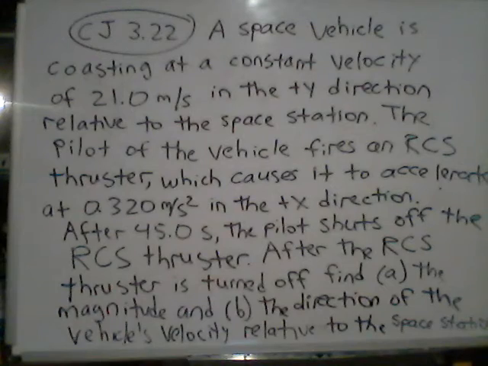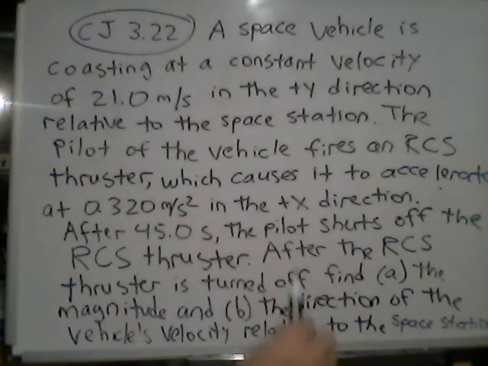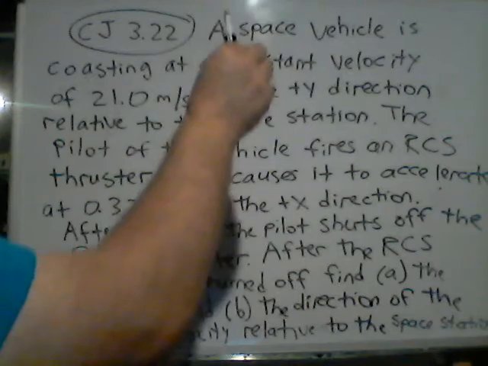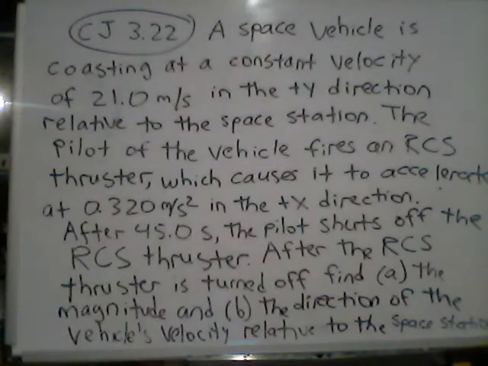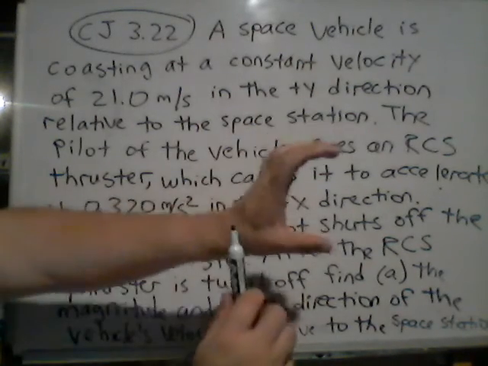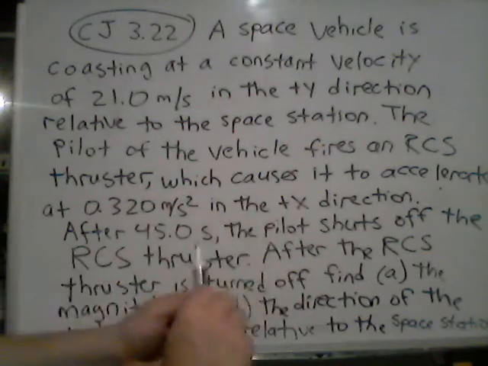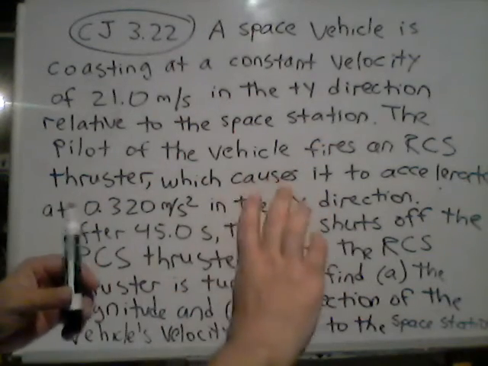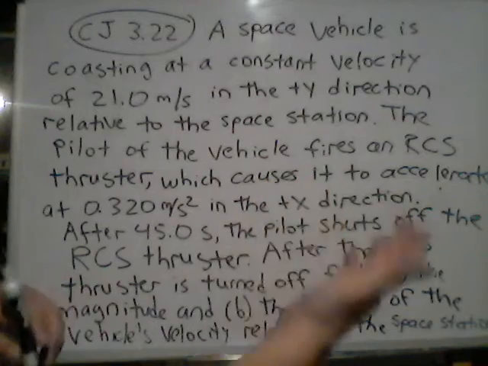So again, it says a space vehicle is coasting at a constant velocity of 21 meters per second in a y direction. Okay, so it's initially going in a y direction at 21 meters per second and just coasting, relative to the space station. We're talking about a space vehicle, and everything is relative to the space station. The space station really allows us to have some form of reference.